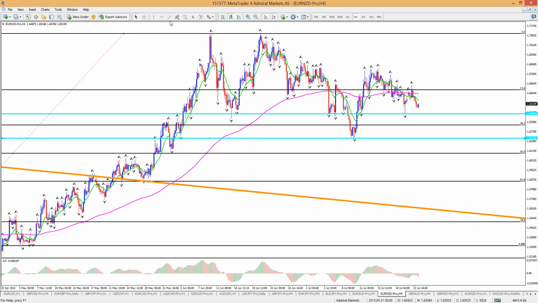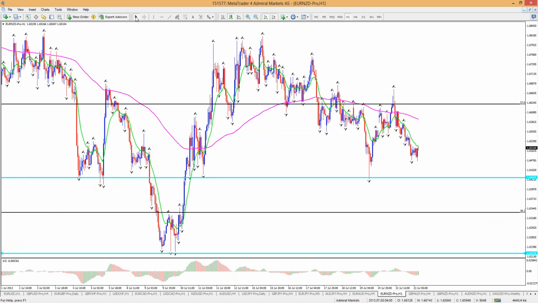Now, if it were to move to the upside, then this trendline break would be important to signal that, because that's the top of the potential bull flag that we have here. So those would be important.